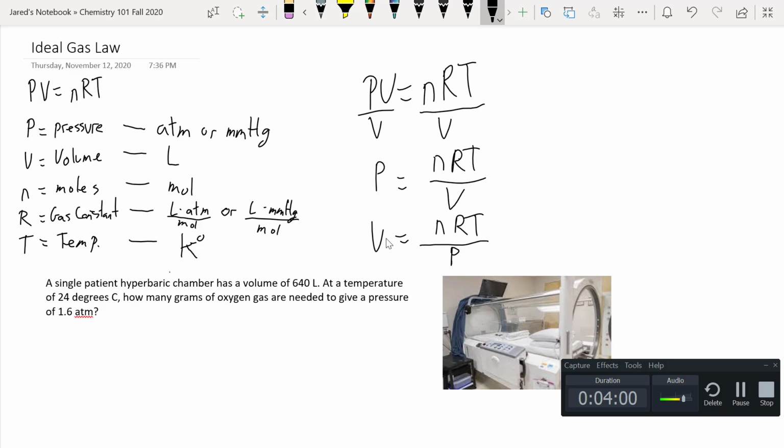And also if it asks what's the volume, we can use these variables to solve for it.